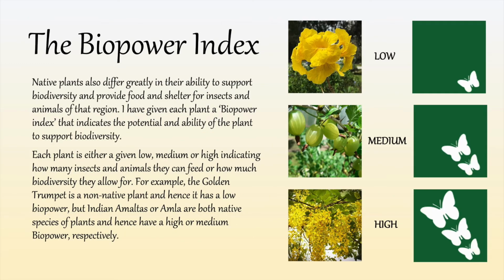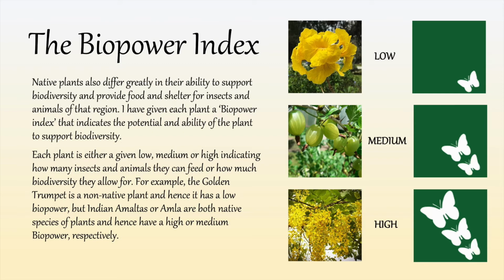Native plants also differ greatly in their ability to support biodiversity and provide food and shelter for insects and animals of that region. I have given each plant a biopower index that indicates the potential and ability of the plant to support biodiversity.